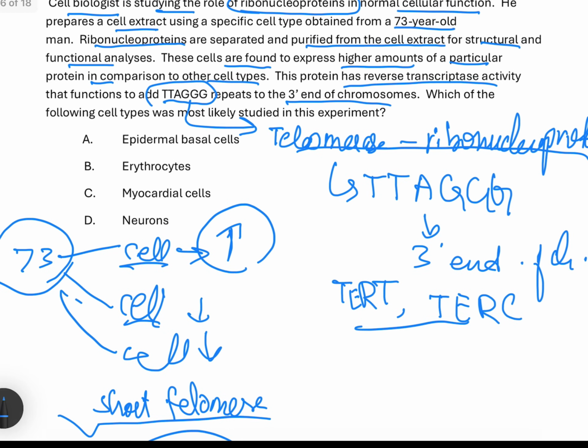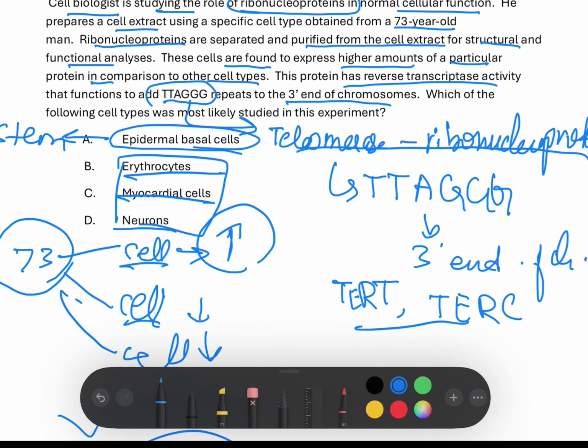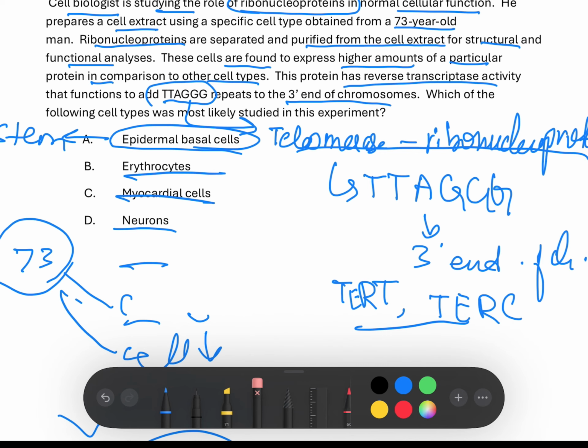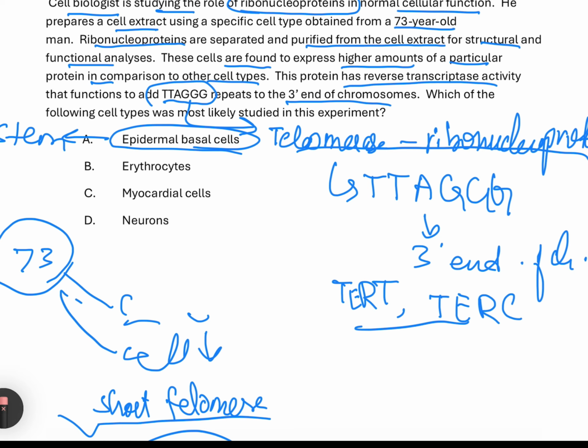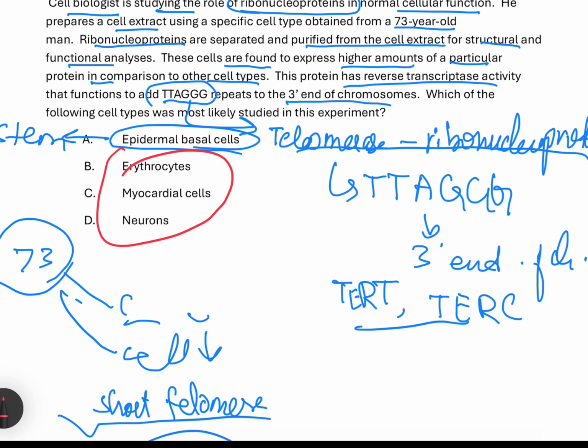So in all these cells, the epidermal basal cells are stem cells, but the erythrocyte, myocardial cell, and neurons are all somatic cells. So these all have short telomeres, and the stem cell, the epidermal basal cells, have long telomeres.